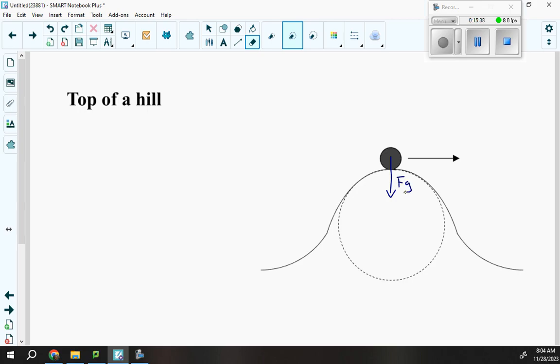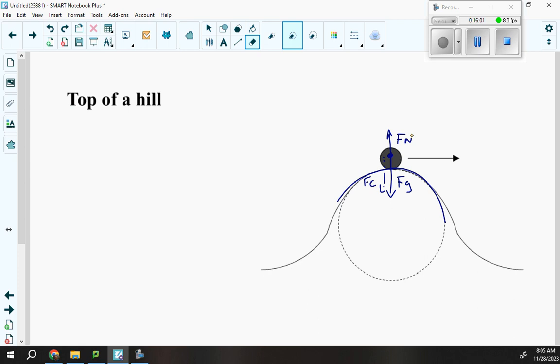Which way is the net force? If we're going around in a circle like this, the net force is always towards the center of the circle. So I'll put that as a dashed line. Fc has to be downwards. And which way is the hill pushing on the car? If you say upwards, you are correct. So our normal force has to be upwards in this case.